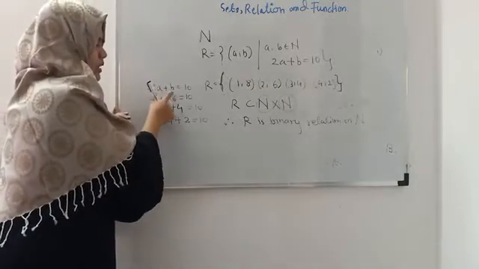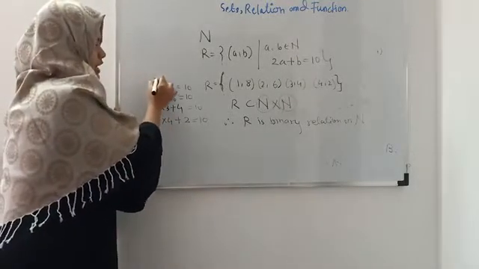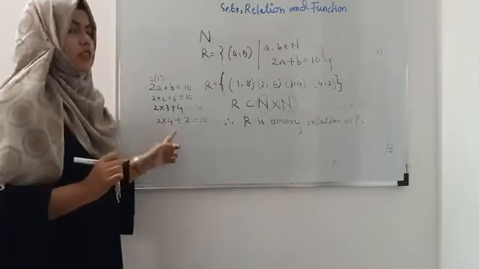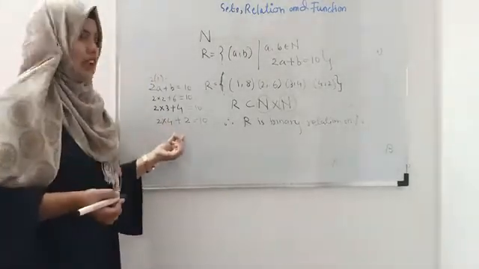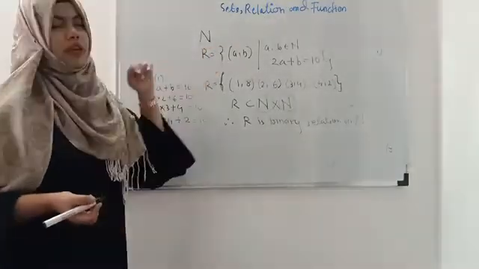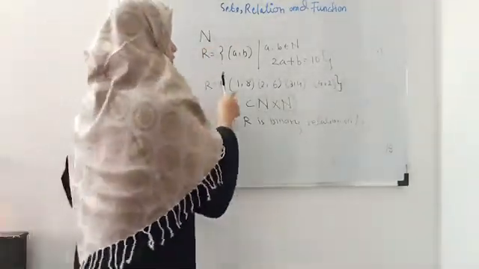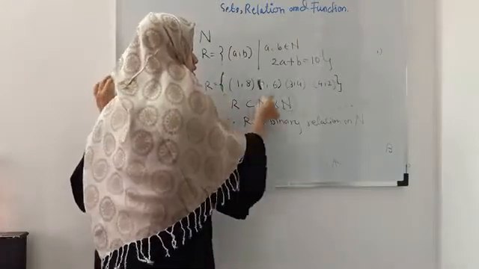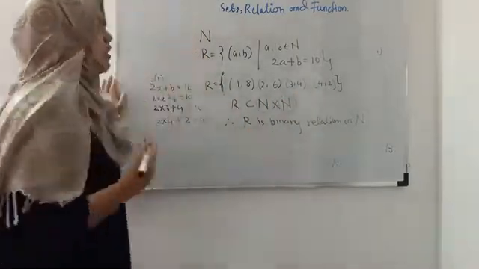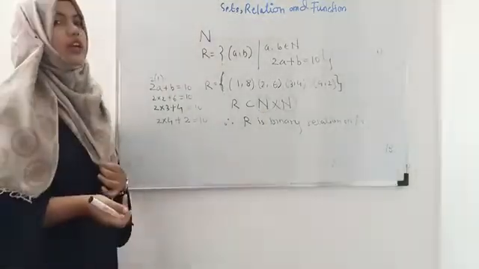For a and b, we have started a with 1, and we go till 5, because if you take 5, 2 into 5 is 10, then you have to take b as 0, which is not possible in this case because a and b are from natural numbers. And this is nothing but a subset of N cross N, so clearly write down R is a binary relation on N.